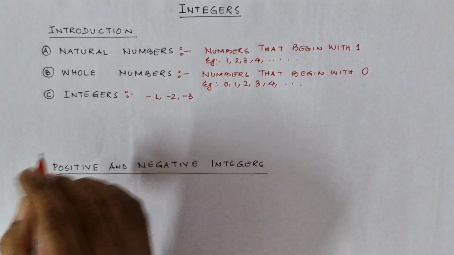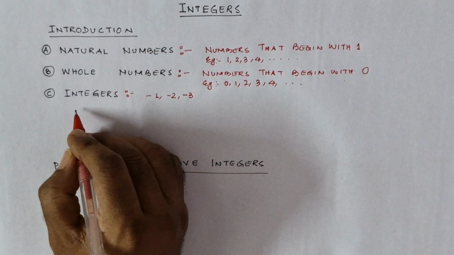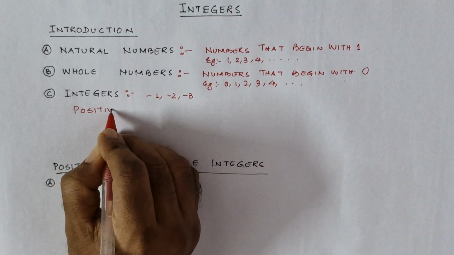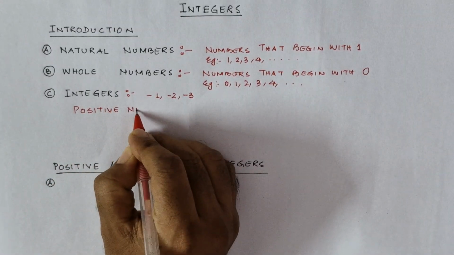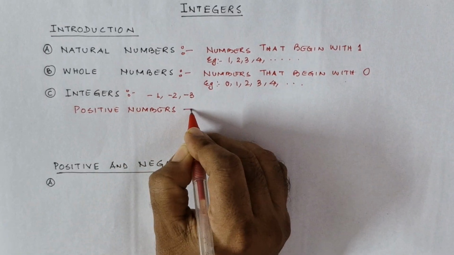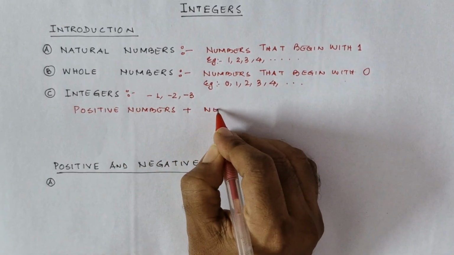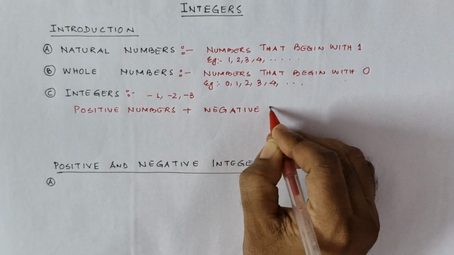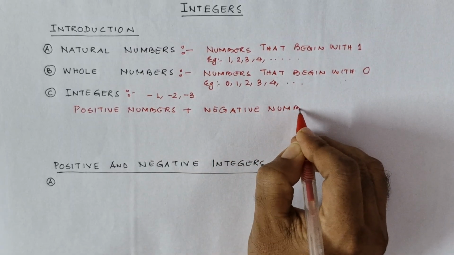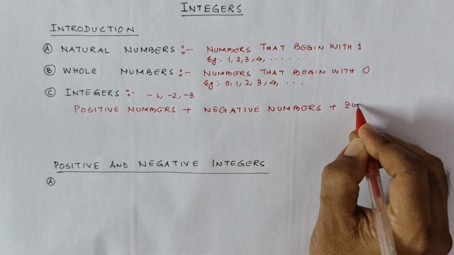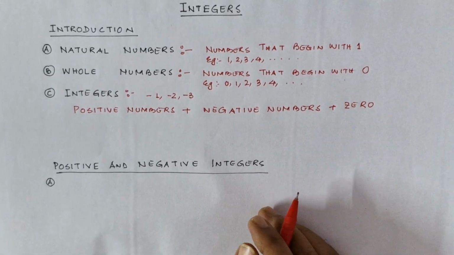So integers are a combination of positive numbers plus negative numbers plus 0, right?